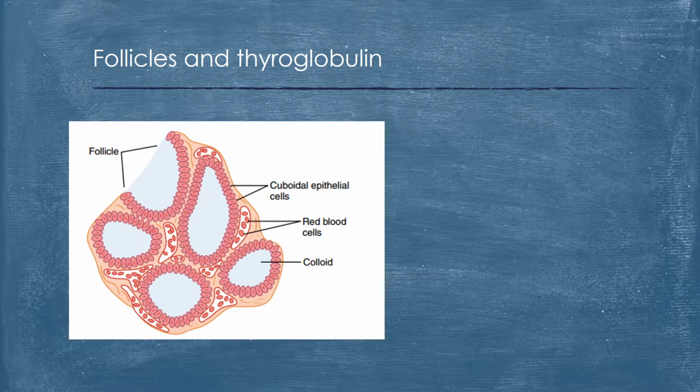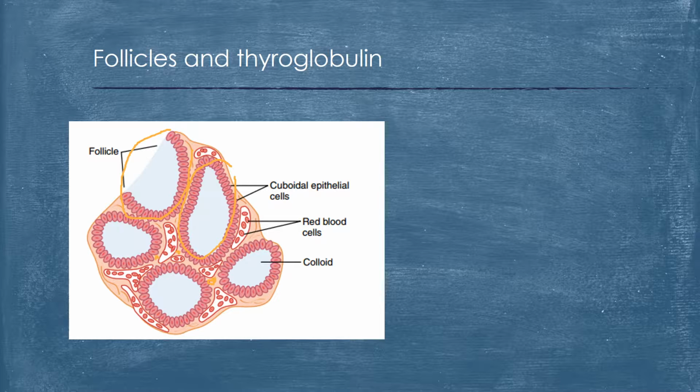Okay, so this is how the thyroid gland looks. We have cuboidal epithelial cells making a follicle. And this is another one, and also here. And we also have parafollicular cells in between. They are present here, in between.